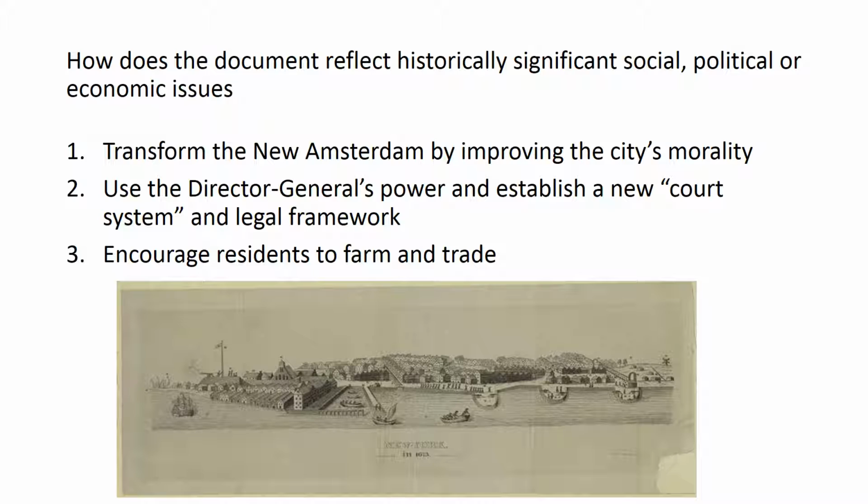And you can see 1638, the year that all the documents that you're reading in this unit are from, as a transitional moment. So as we move forward, the city is described later under Director General Peter Stuyvesant and later underneath the English will benefit from the things that Kieft does and the powers that he exerts over the settlement.